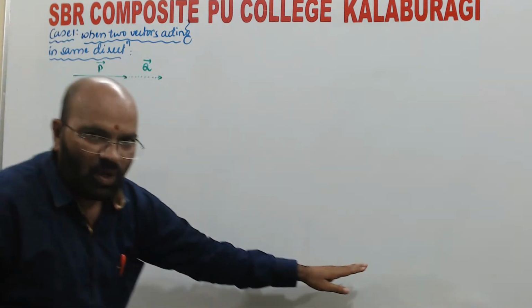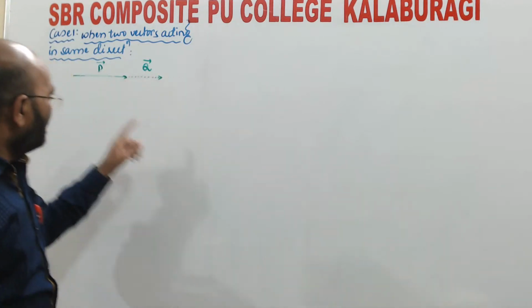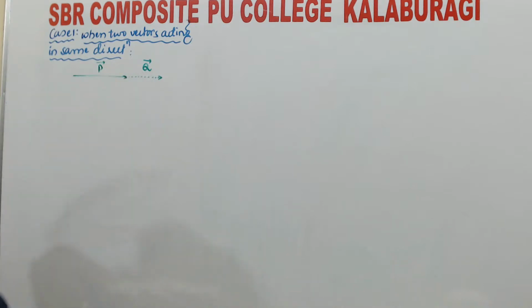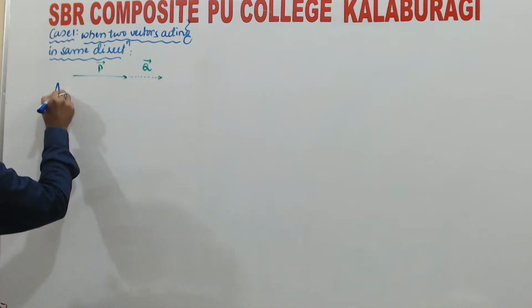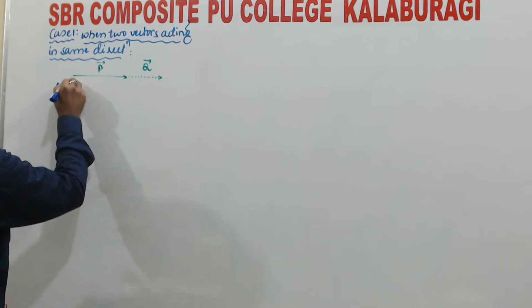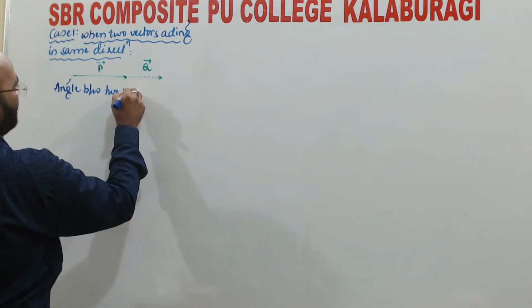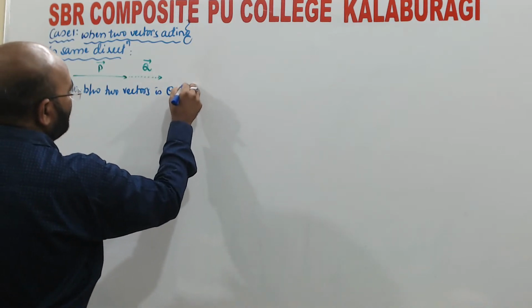The derivation we proved gave a square plus b square plus 2ab cos theta. Now here we are using the notation P and Q. If both are moving in the same direction, then the angle between the two vectors is theta equals 0 degree.